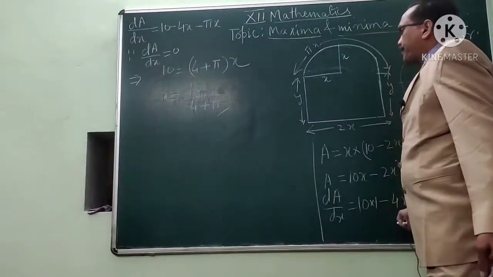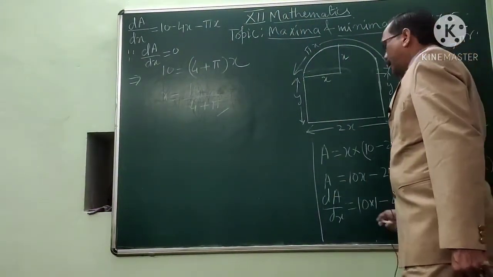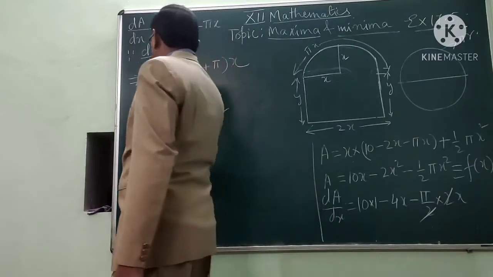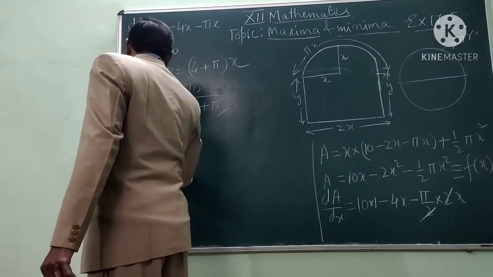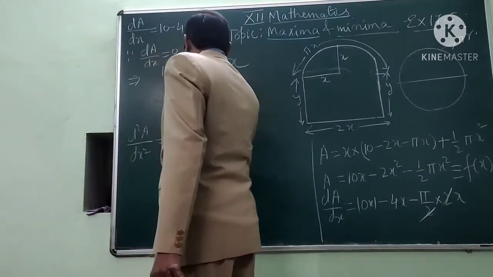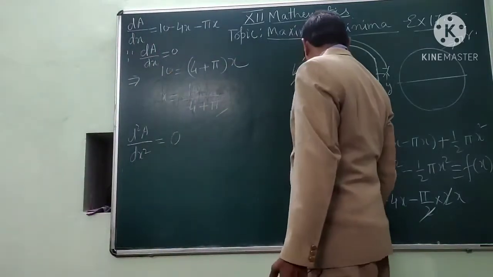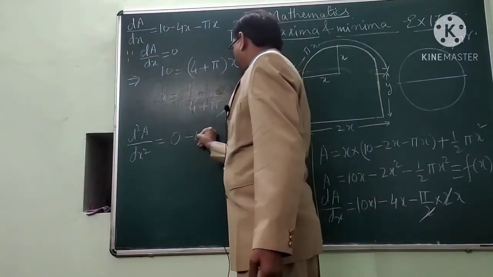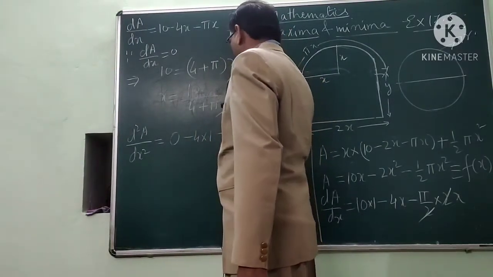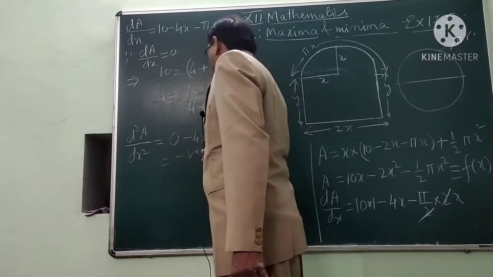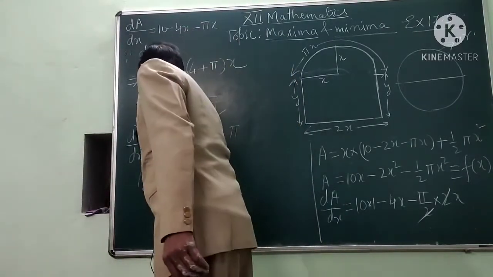Now we will find the second order derivative. d2A over dx square is the derivative of 10, which is 0, minus 4 of x, which is 1, minus pi, which is negative. Therefore A is maximum.